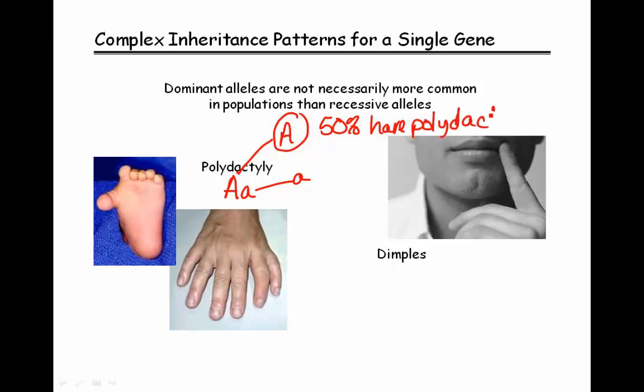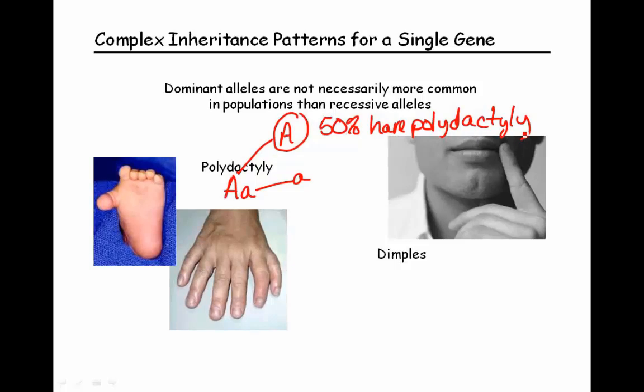Now, we don't see too many people that have this condition anymore because very shortly after birth, they tend to remove the extra digit. Keep in mind that just because we can alter the phenotype, we remove the extra digit, we have changed the appearance, we are not able to change the DNA. So just because it outwardly does not appear that there is an extra digit there, genetically, that has just as high of a probability as it ever did of being passed on to the offspring.